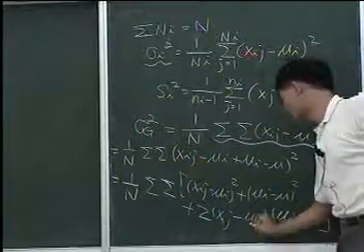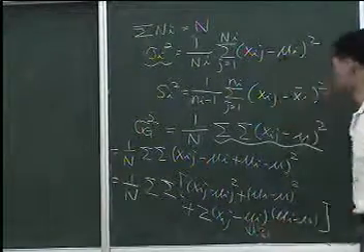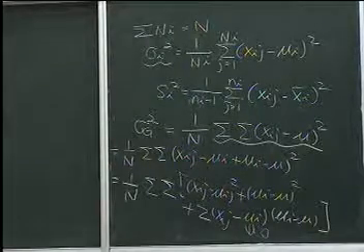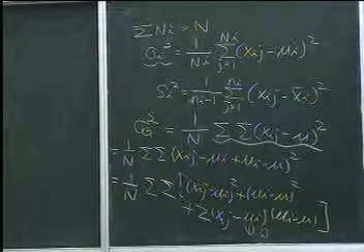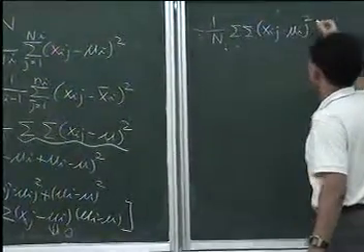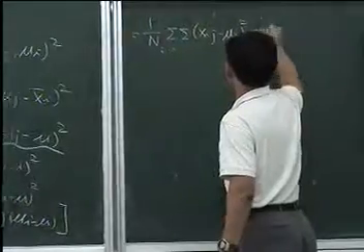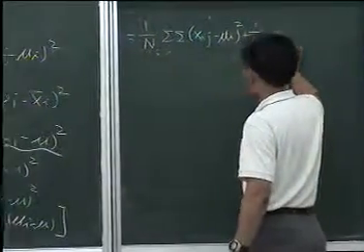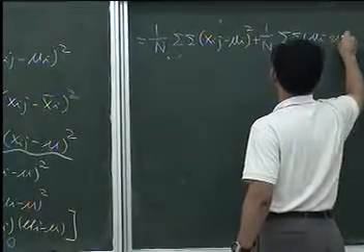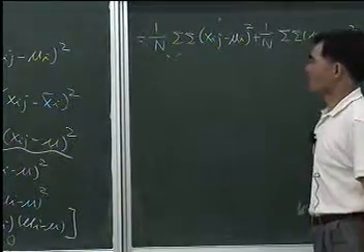So this part is equal to 0. So what do we have? Equals 1 over n summation xij minus mu i squared, okay, plus 1 over n summation mu i minus mu squared.